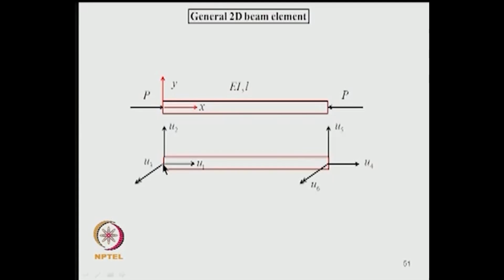Now, following this we need to consider how this formulation can be extended to 3-dimensional situations. Now, one way to assume that is, when we developed a general 3D beam element, assuming that the cross section is symmetric, what we did was we analyzed each of the modes of deformation separately: axial deformation separately, twisting along the longitudinal axis differently, bending in one plane and bending in the other plane.